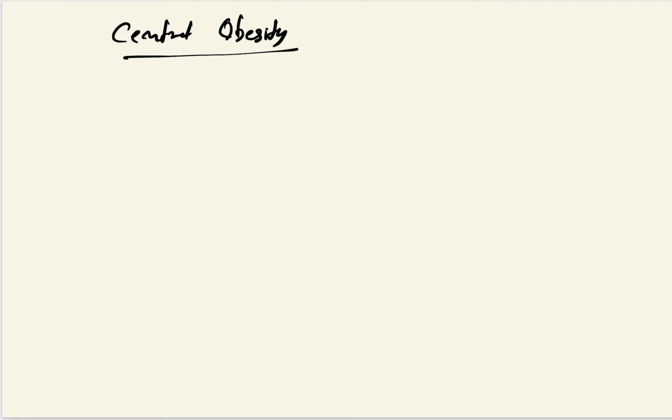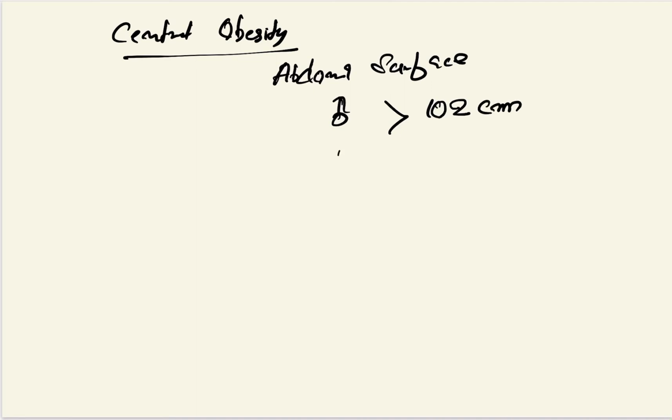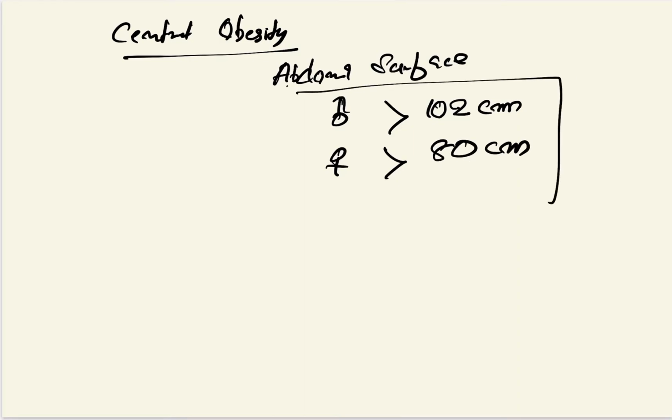Central obesity is the obesity about the abdominal surface. If it is more than 102 centimeters in a male, or more than 80 centimeters in a female, then we say the patient has central obesity.